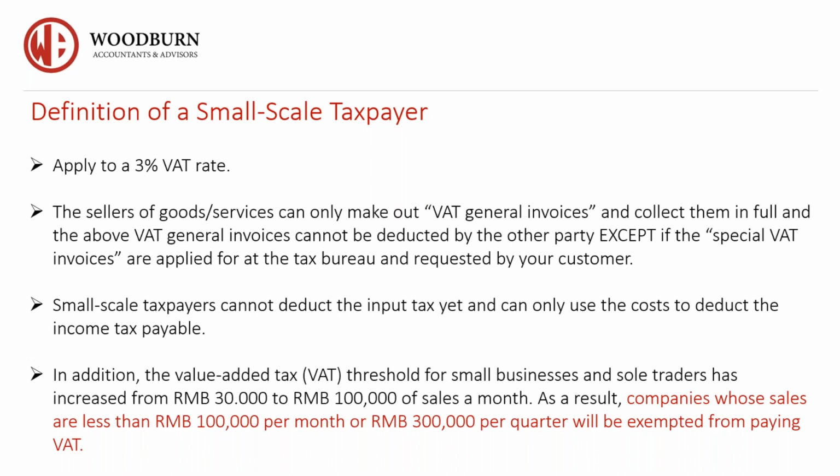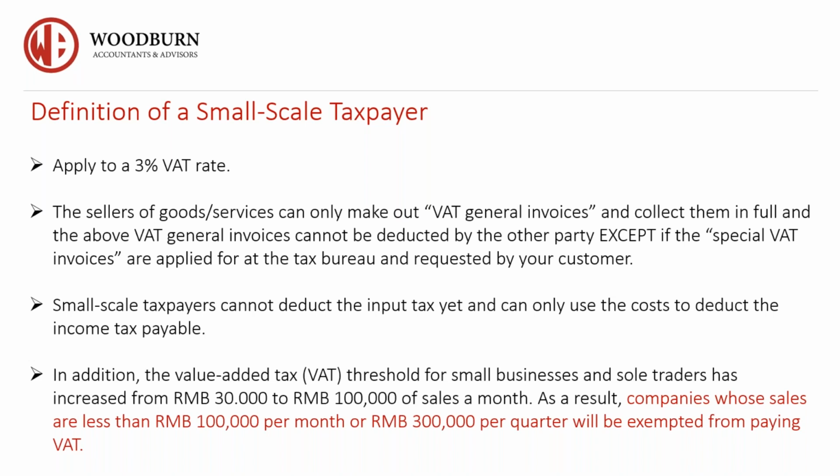Now, the biggest advantage, together with the tax cuts for profits tax that occurred Jan 1st, a huge advantage now for small scale taxpayers and generally any business, because as I said, once you set up your company, you're going to be designated as a small scale taxpayer, is the fact that companies whose sales are less than 100,000 renminbi per month will be exempt from paying any VAT.